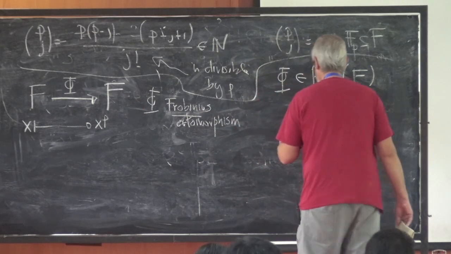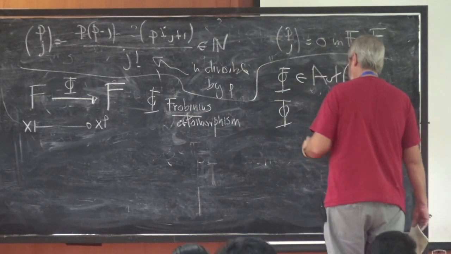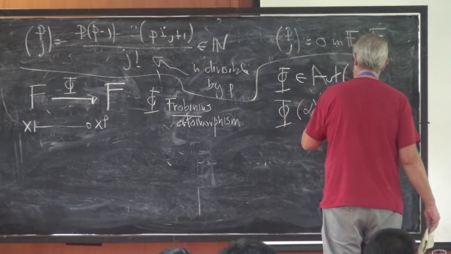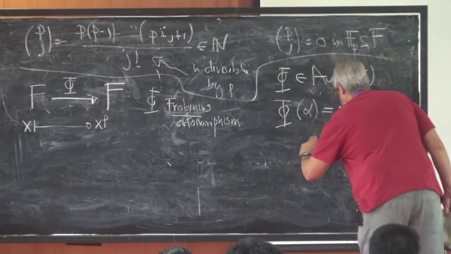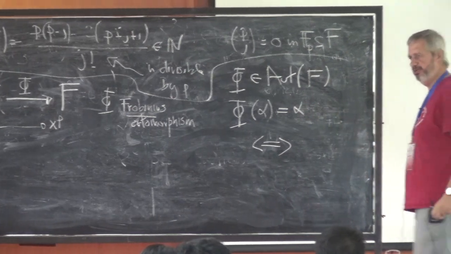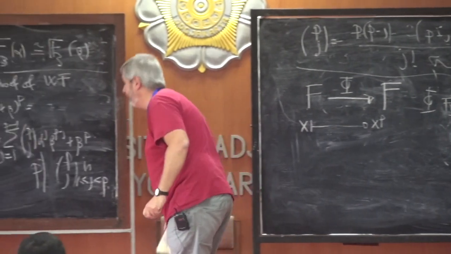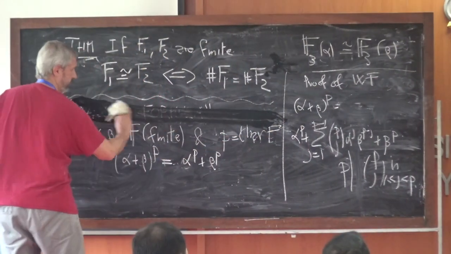And one property of this Frobenius is the following: if you have phi of an element alpha, this is equal to alpha, if and only if... I'd like you to think about this. It's very simple, but it's worth thinking about for a second.